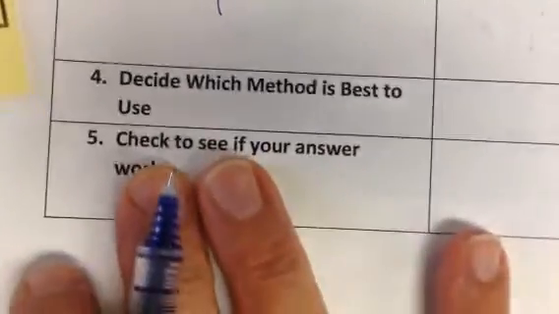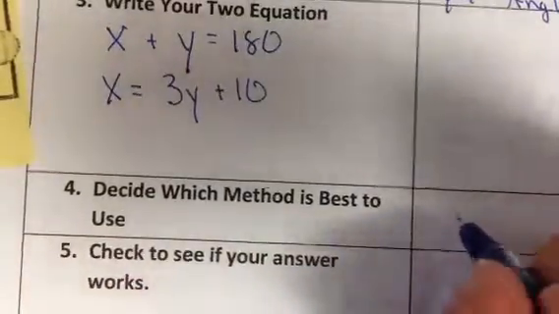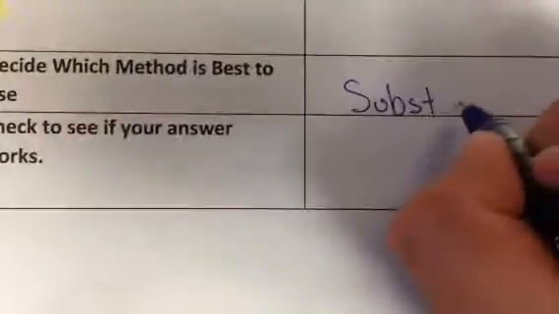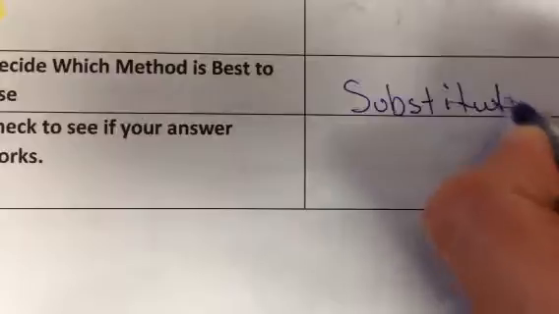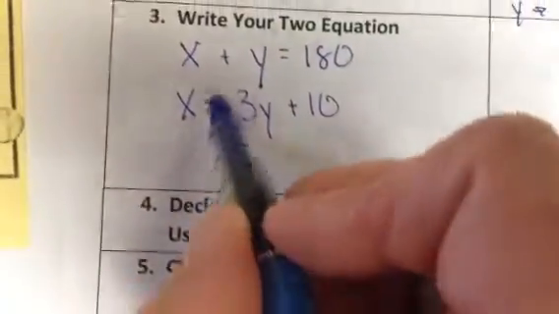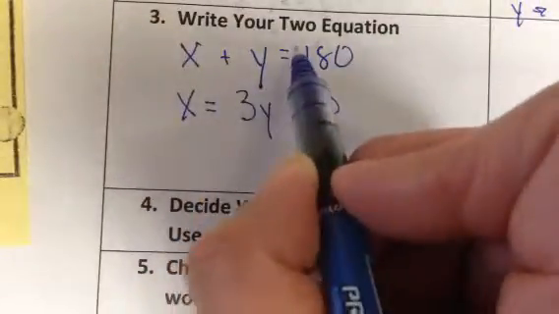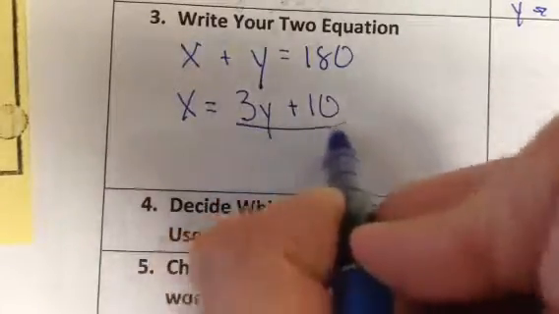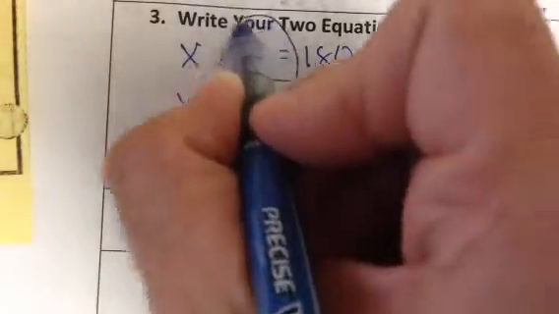As far as which method is best to use here, I would do the substitution because it is not lined up. The x's are lined up, but the plus is lined up with an equal, and the equal is lined up with the plus. So use the substitution. Use the fact that x equals all of this and put it in there.